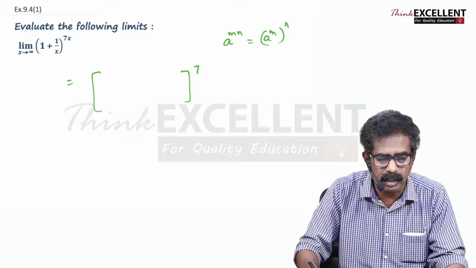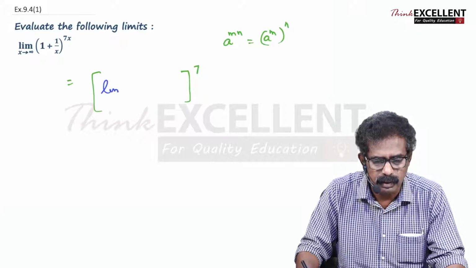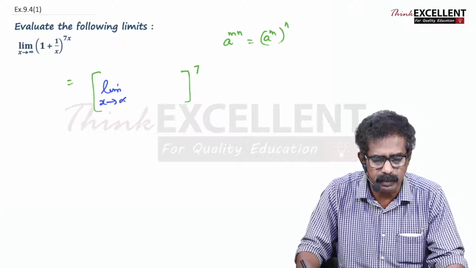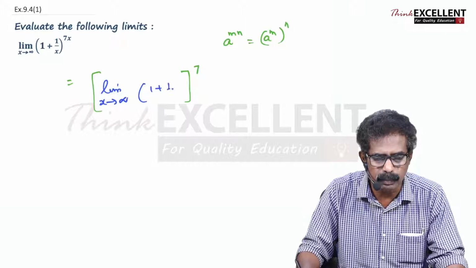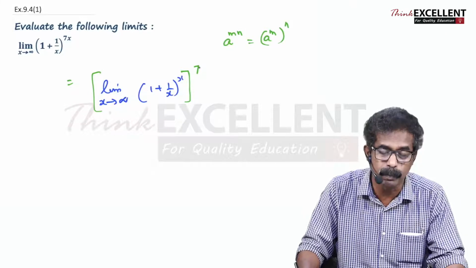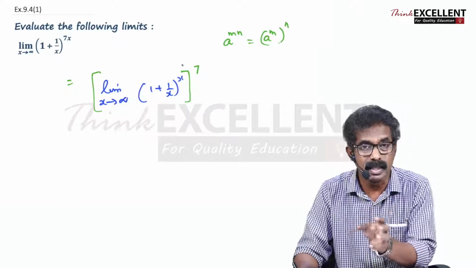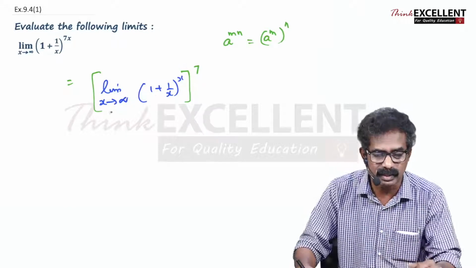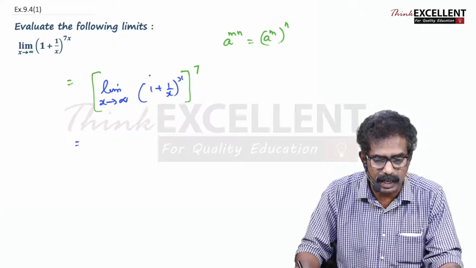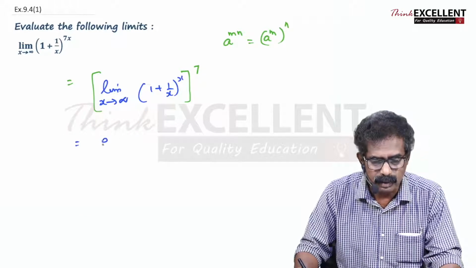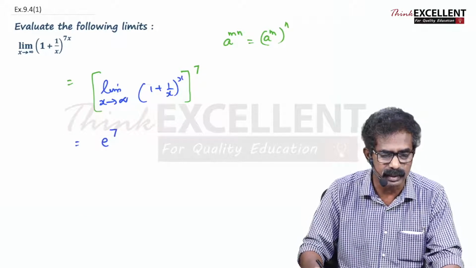What's the remaining I have to write? Limit x tends to infinity, [(1 + 1/x) raised to x] the whole power 7. So a raised to m the whole power n is a raised to m into n, so x into 7, 7x, right? Now the term inside the bracket is the same as e, the power is 7. So the answer is e raised to 7.